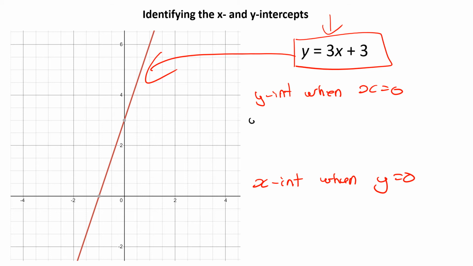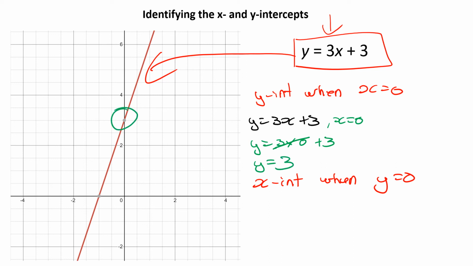Let me go y equals 3x plus 3. If I said x equals 0 here, what's going to happen? I'm going to get y equals 3 times 0 plus 3, cancels that out, leaves me with y equals 3. So that's exactly what we got there.